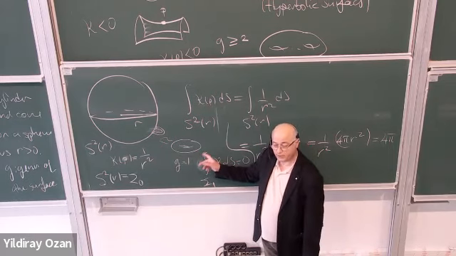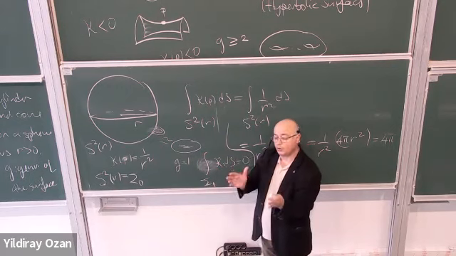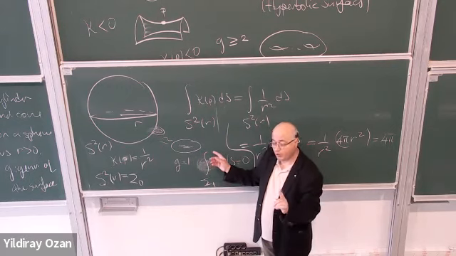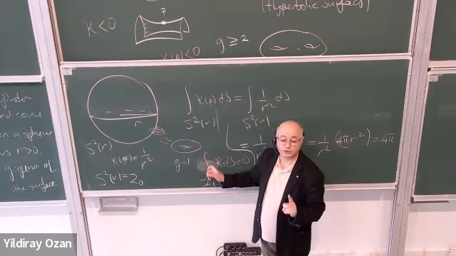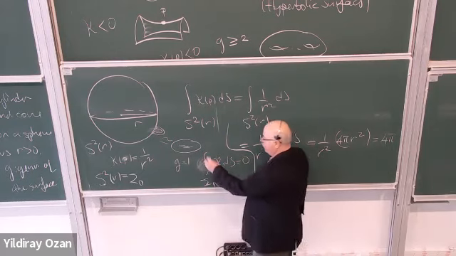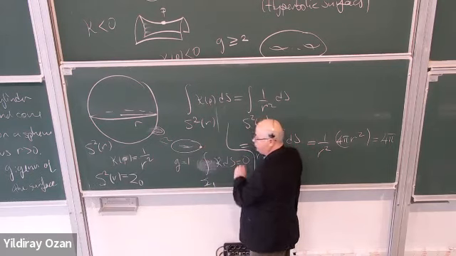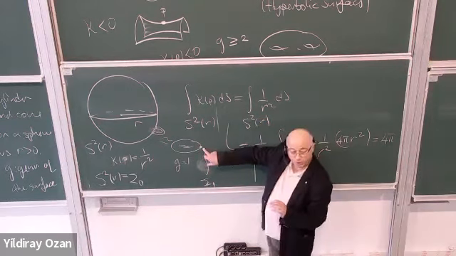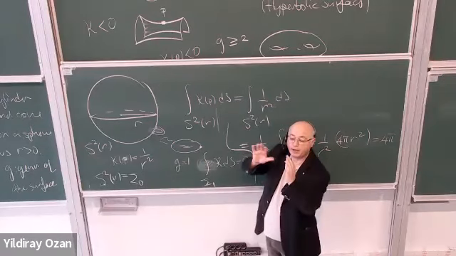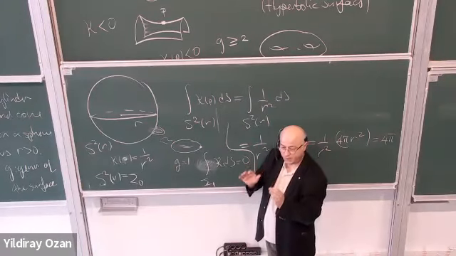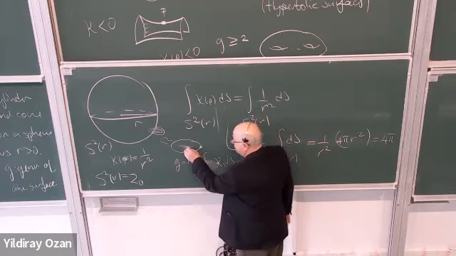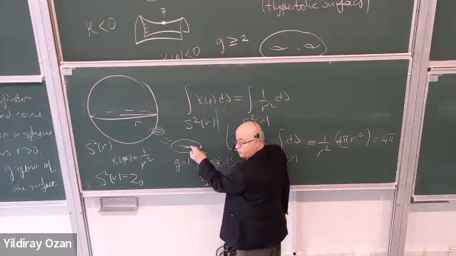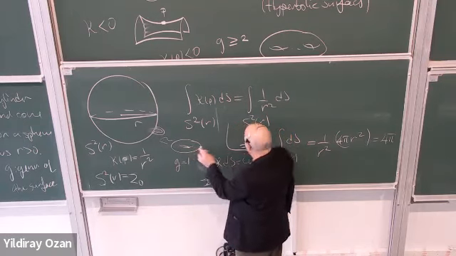We will prove as a theorem that if you have a closed surface in R3, there is always a point on the surface where the curvature is positive. For example, here, this point will be a point where the curvature is positive. At this point, the surface looks like a sphere, okay? However, at such a point, the surface looks like a saddle.